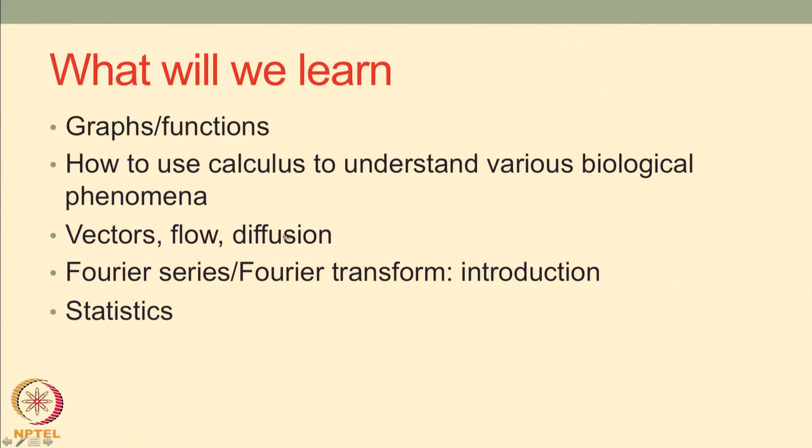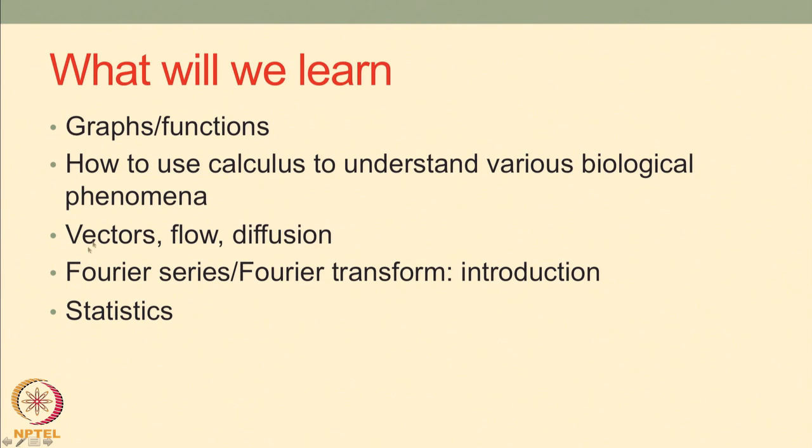Understanding calculus will change your perspective completely when looking at data. Therefore, it is important to think in terms of calculus when you think about data. So this is something we would describe: how to think of a phenomenon from the perspective of calculus, and how to use calculus to understand various biological phenomena.